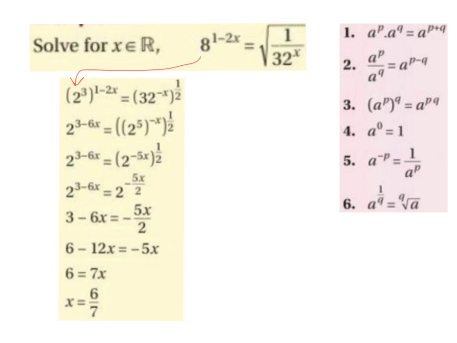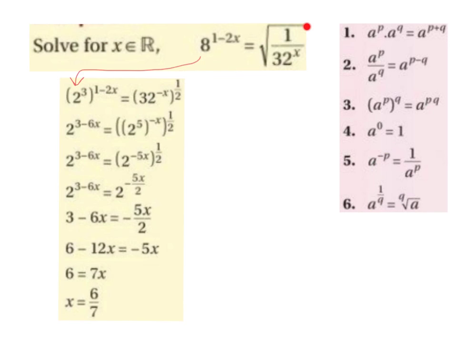The next thing I'm going to do is get rid of the root part, and I'm going to use law 6 to do this. And again, I'm going to work in reverse. Law 6 says that a to the power of 1 over q is equal to the q-th root of a. So I'm going to work backwards. So I'm going to say the square root of 1 over 32 to the power of x is going to be 32 to the power of minus x, to the power of a half.